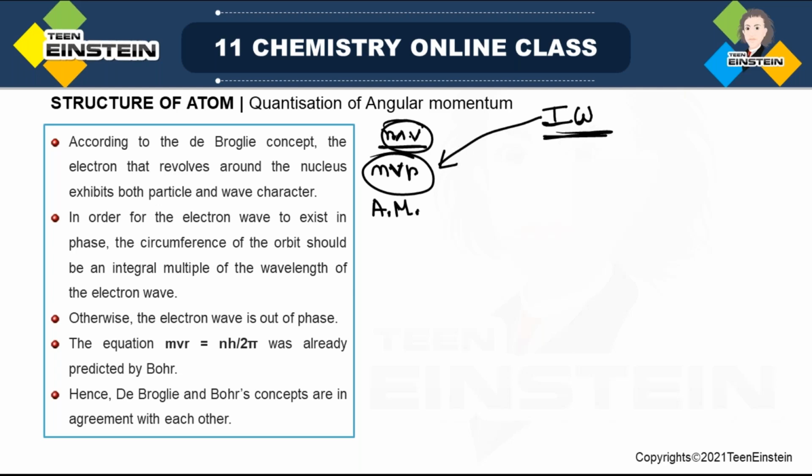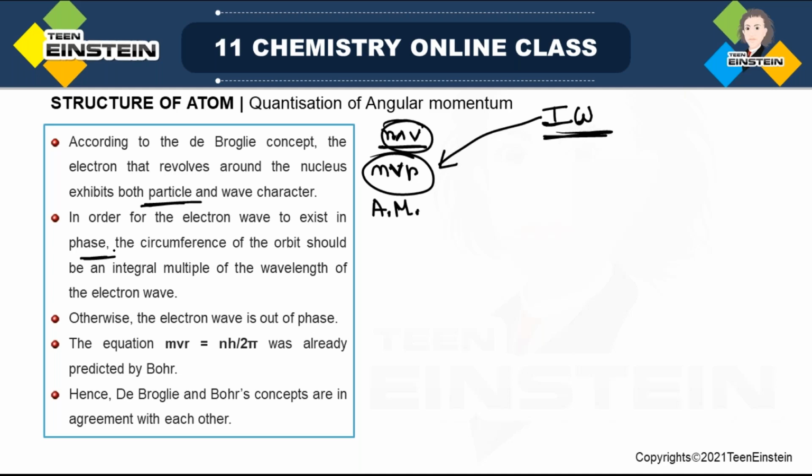So according to the De-Broglie concept, the electron that revolves around the nucleus can exhibit both particle property as well as wave character, that we have already seen. Now for this electron to exist in phase, that means when the electron is rotating around this nucleus, as there is wave character, it can exist in phase or out of phase.